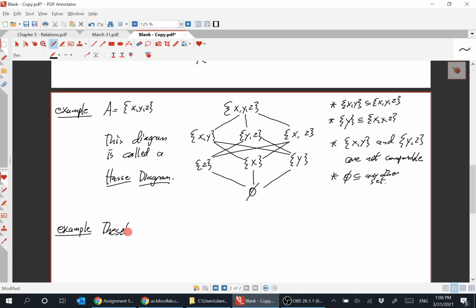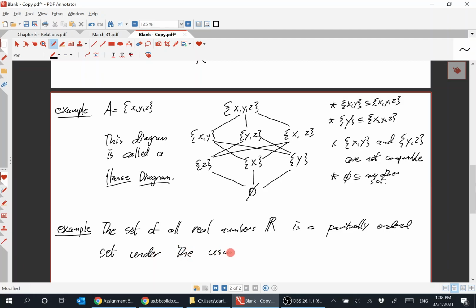All right, the set of all real numbers R is a partially ordered set under the usual meaning of this symbol.